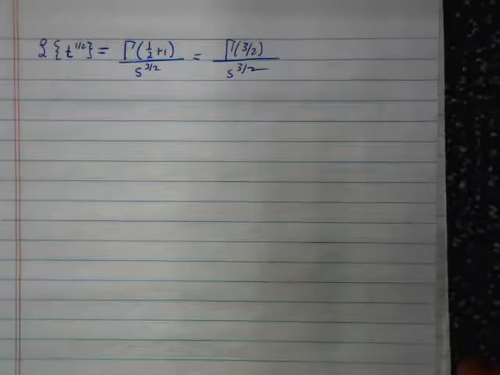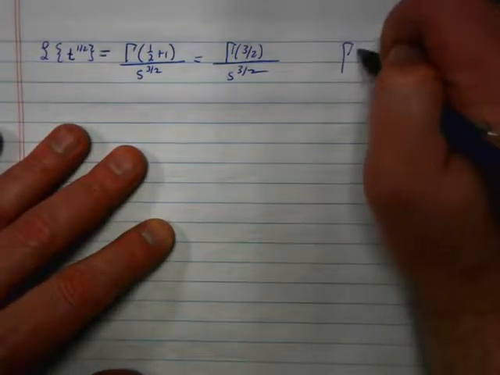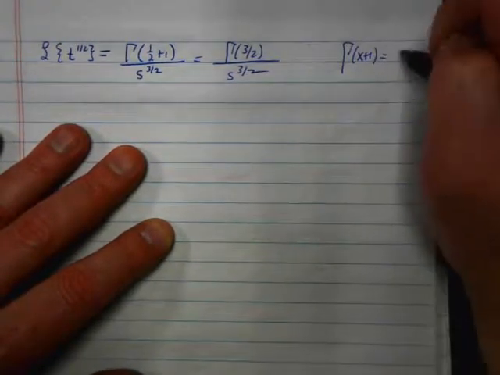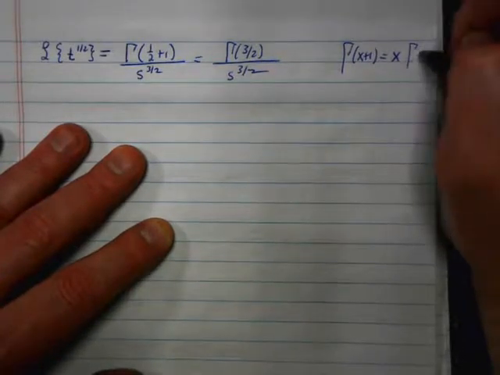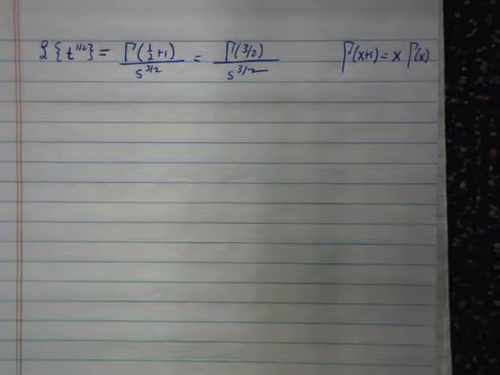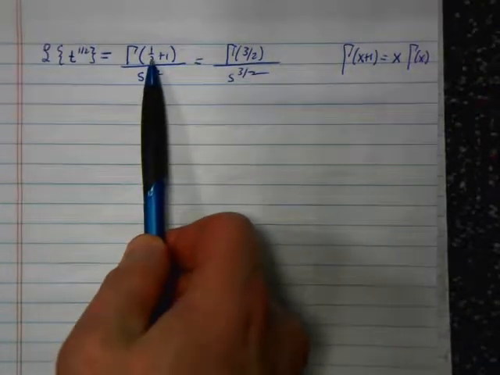Oh. So now we have to use this little rule here that says gamma of x plus 1 is x gamma of x. So in this case, x plus 1, x is 1/2.